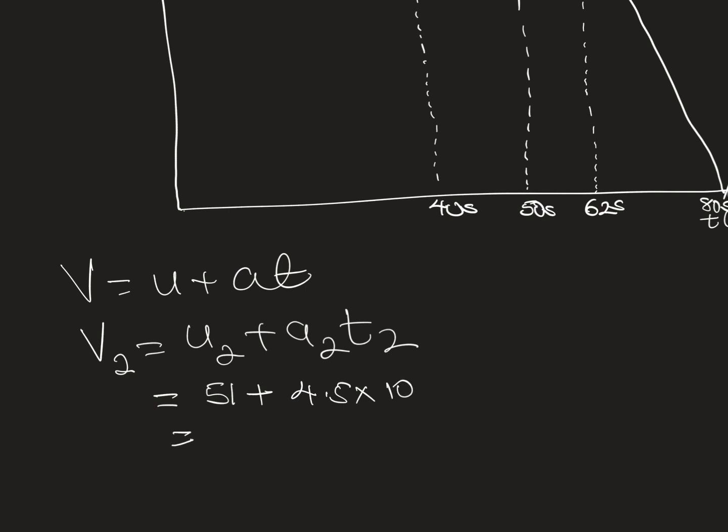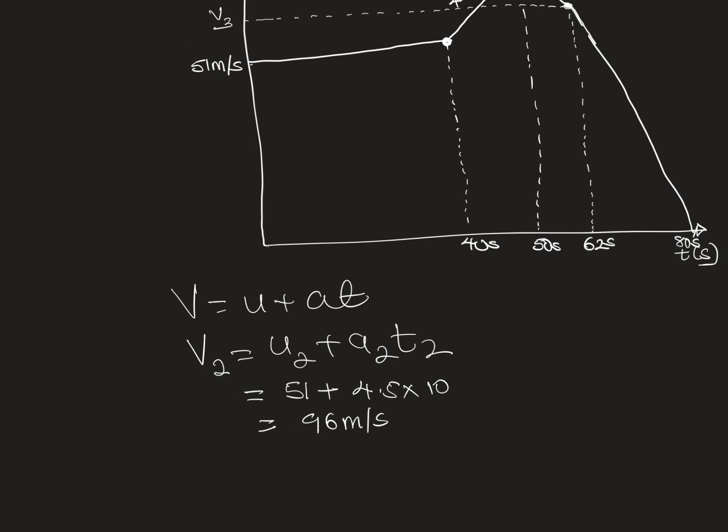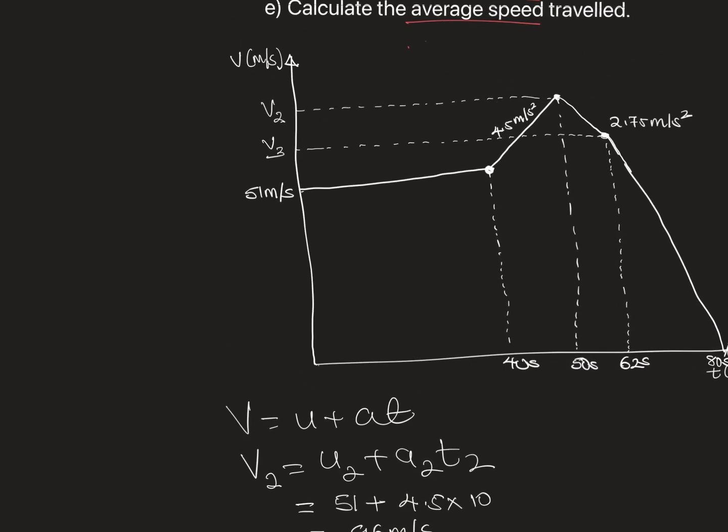If you calculate that, you will have 96 meters per second. So I can just go and substitute that on the velocity time graph.